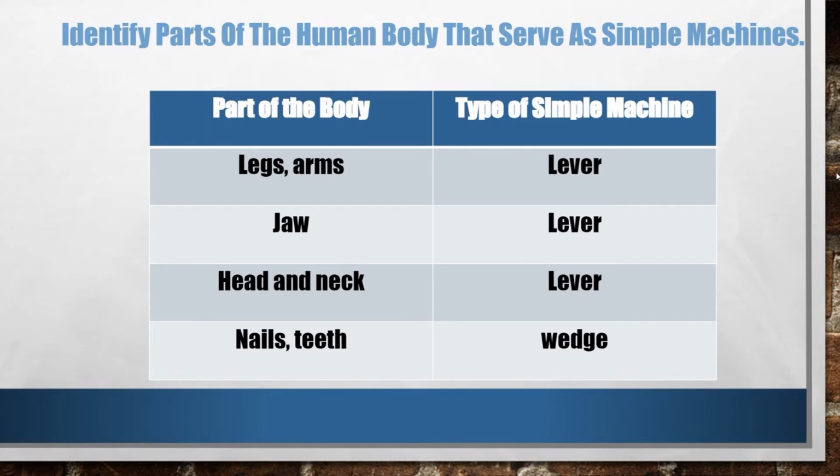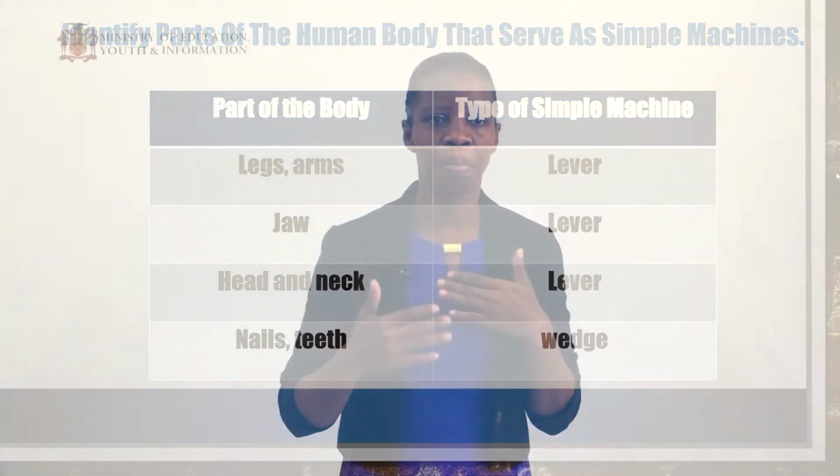The nails and your teeth, for cutting, based on how they're shaped, would be functioning as wedges. Good. And if you can think of any more, you can add them to that list. Because these different parts function as different types of simple machines, when they are put together, the human body would be functioning as a complex machine.